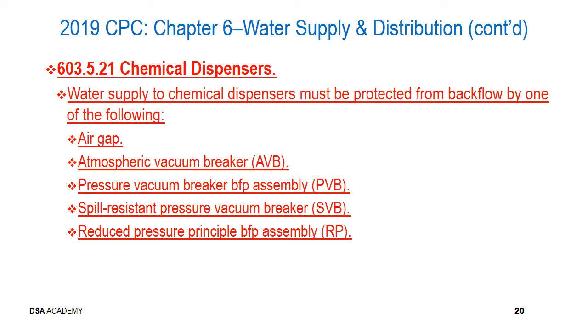The important things to remember are that the water supply to the chemical dispenser has got to be protected from backflow, obviously, by one of the following types of backflow preventions, and that is they are an air gap, an atmospheric vacuum breaker, pressure vacuum breaker backflow prevention assembly, spill resistant pressure vacuum breaker, or a reduced pressure principle backflow prevention assembly. So we would expect to see one of these 5 different types of backflow preventers in order to isolate chemicals from the potable water supply.